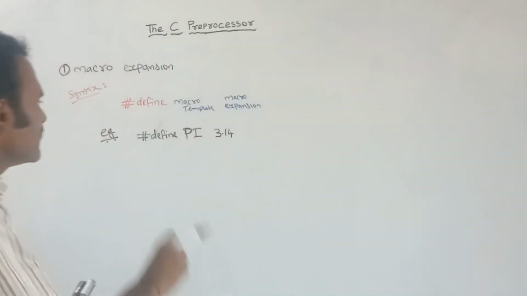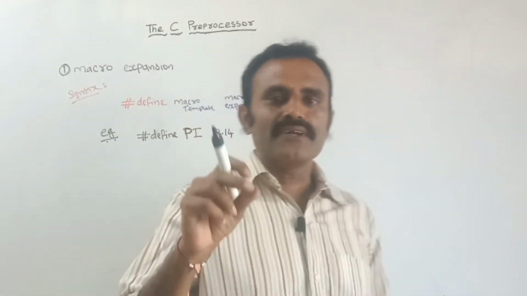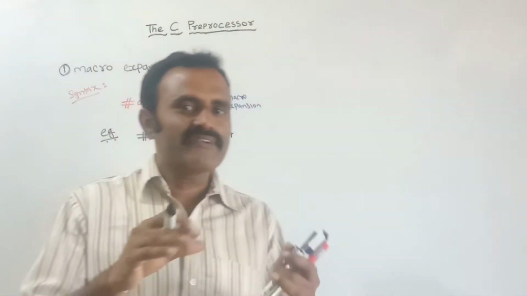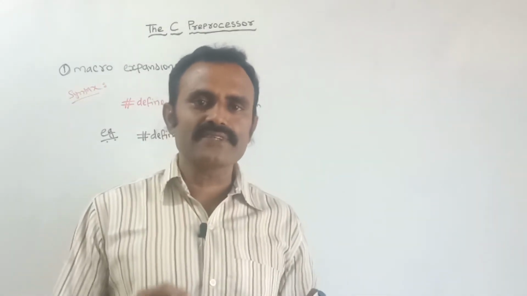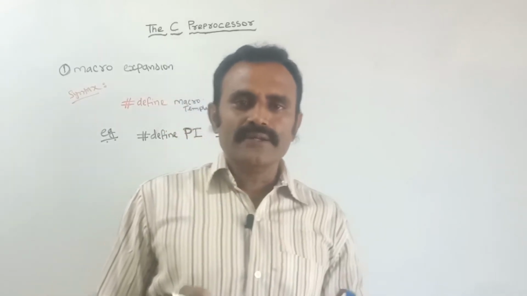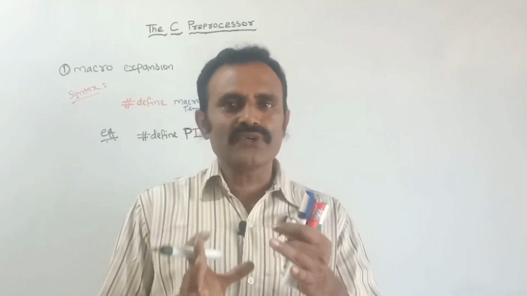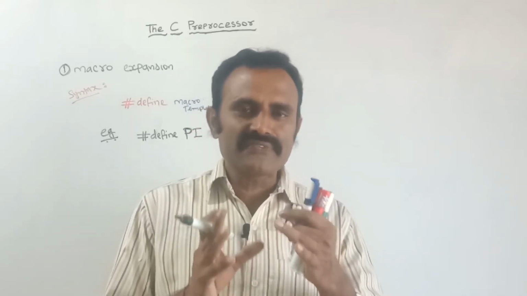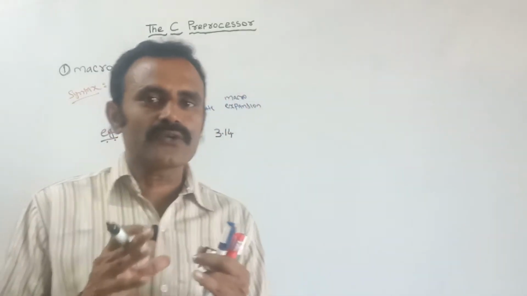Now let us see a simple example. If we want to find the area of the circle, the formula is pi r square. If we want to find the area of some other objects also, each and every time we use the pi value, we should use 22 by 7.